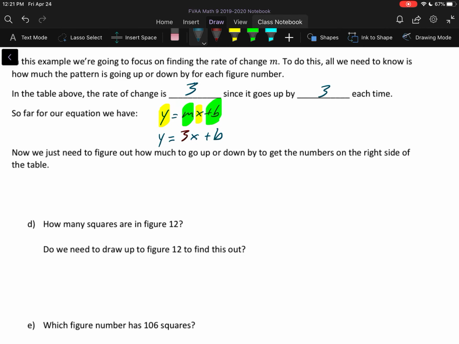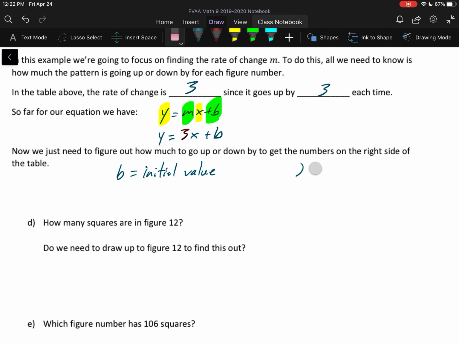Now we just need to figure out how much to go up or down to get the number on the right side of the table. So what is b? What is our b value? Our b value is that initial value, specifically when x is equal to 0.